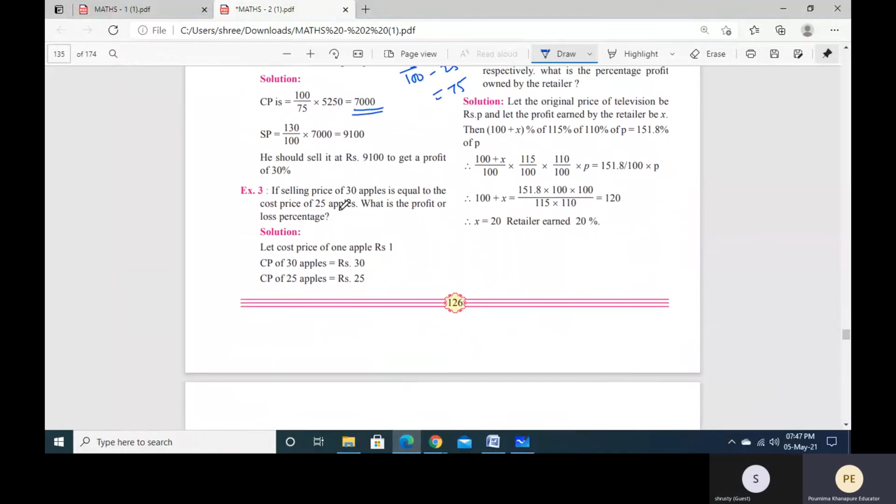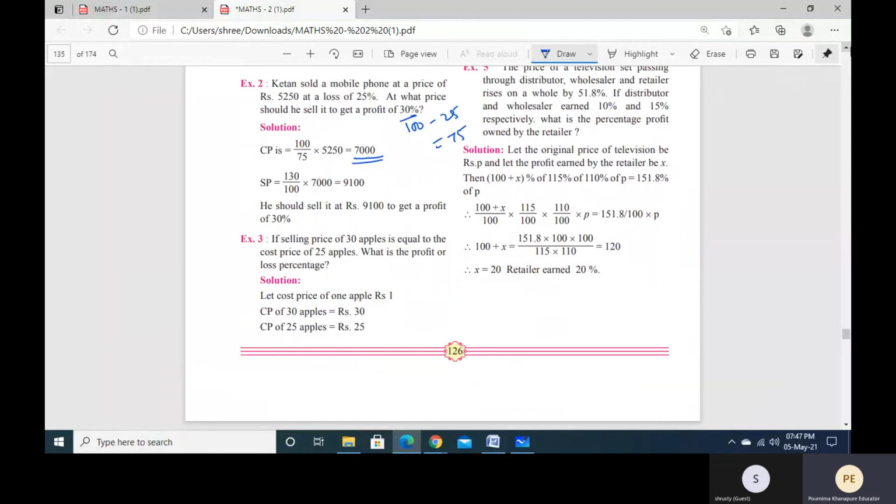Here, if the selling price of 30 apples is equal to the cost price of 25 apples, what is the profit or loss percent? See, for 30 apples, let's say the rupees is 30. The cost price of 25 apples is 25.